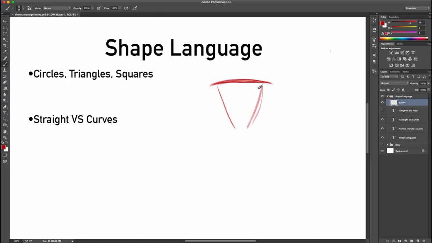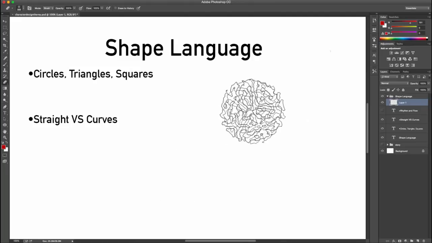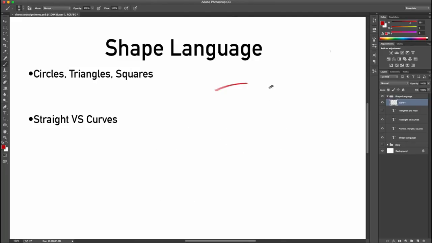Say you have a character with an arm, and instead of just a straight arm with a hand, which is boring and has no appeal, we try to balance our straights and curves.